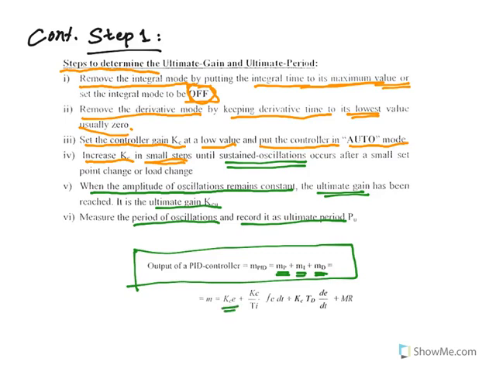Again, this is the proportional gain, and if we increase the integral time to the maximum, then this term will be almost 0, or cancelled. And to eliminate the derivative, we have to make TD the lowest or make it 0. So this will be 0, and we will be left with only one gain here.